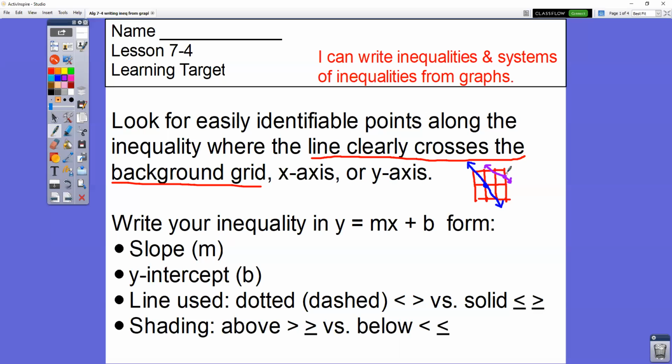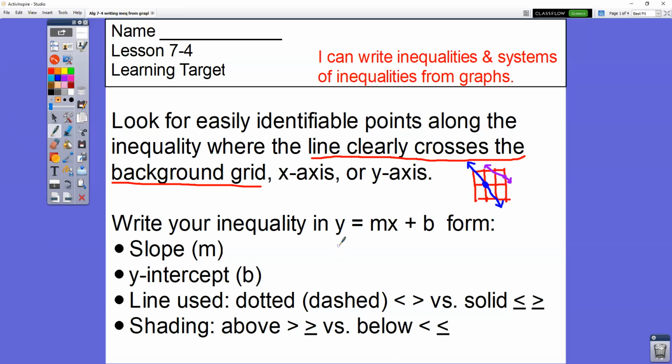It's somewhere in between these numbers, but I don't know for sure where it's at. It might be a point 0.4, it might be a point 0.5, it might be a point 0.6. We don't know. So you're only looking for points where the line crosses both of the background grid lines. So the intersection of the line and the background grid.